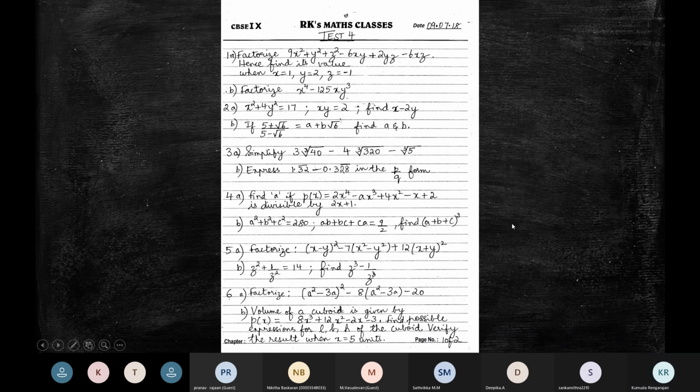This material I had not sent completely. You can take a screenshot now. Of these, I had sent the last one, sixth one, 6A and B. Now this is the first chapter, real numbers or number systems, and polynomials together. This is polynomial, so this is for term 2.